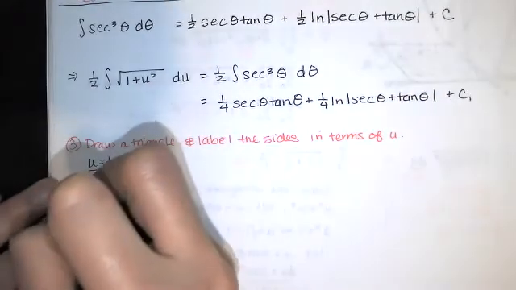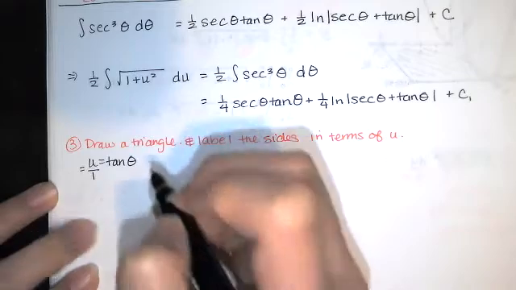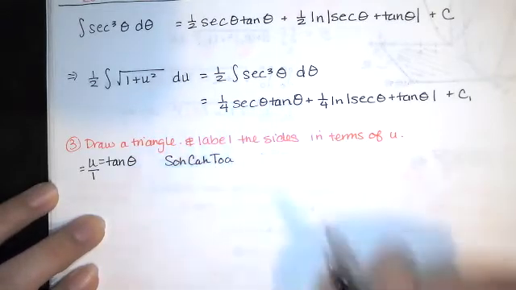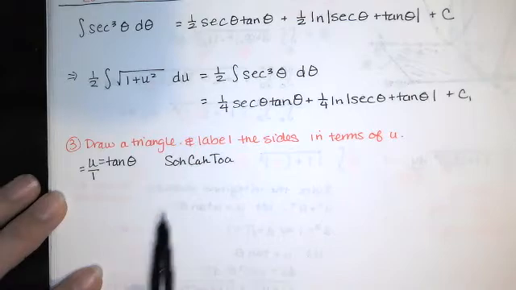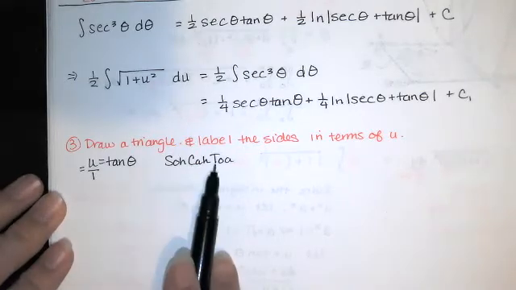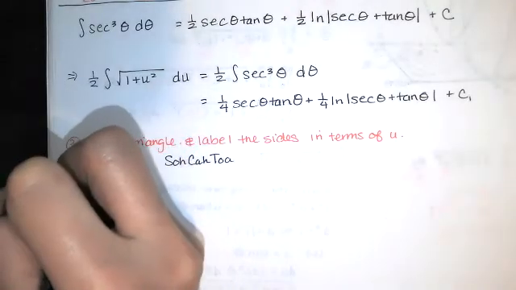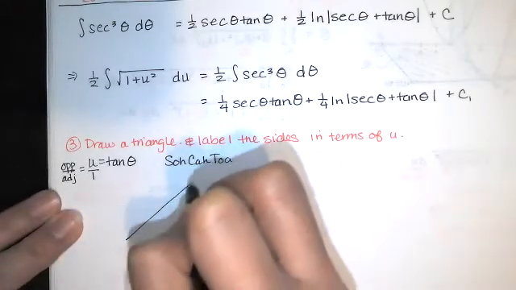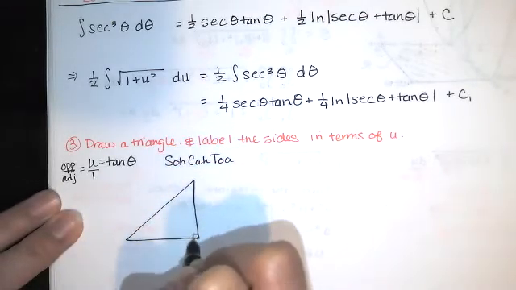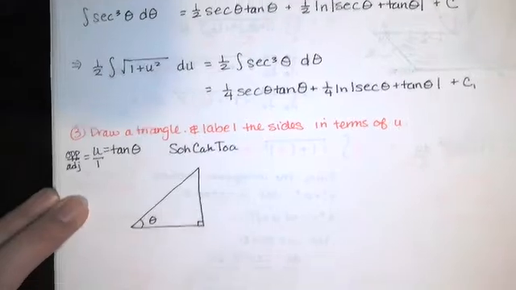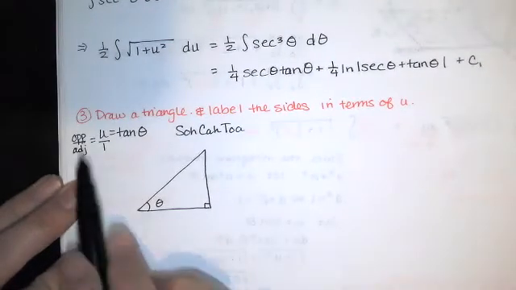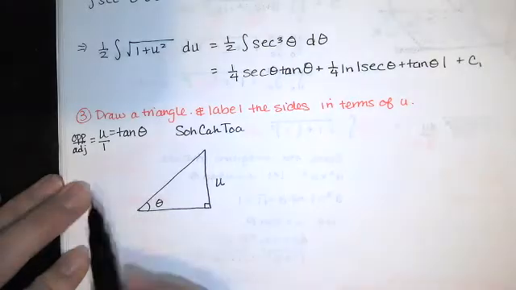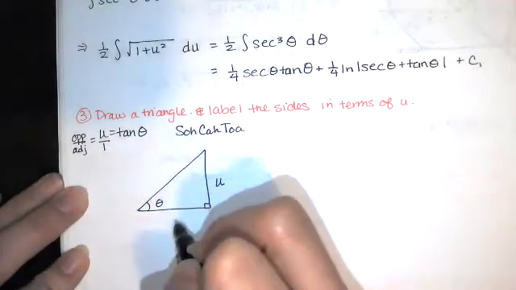Tangent of theta is u over 1, and we remember from SOHCAHTOA back in trigonometry class or pre-calculus in high school, tangent is opposite over adjacent. So if I draw my triangle like this and I put my angle theta down here like this, the side opposite theta is u, and the side adjacent to theta is 1.